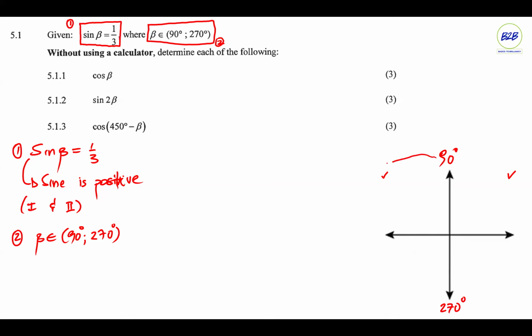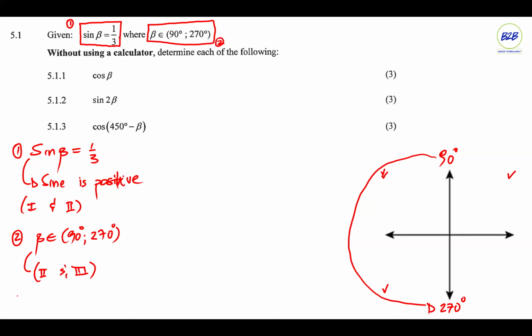Starting from 90 degrees, going all the way to 270 degrees, we get to see that we have covered the second and the third quadrants. So this basically points us to the second and the third quadrant, the second piece of information.